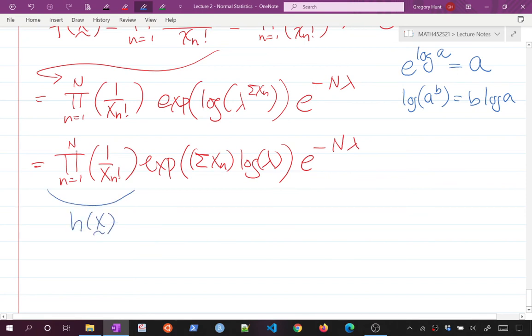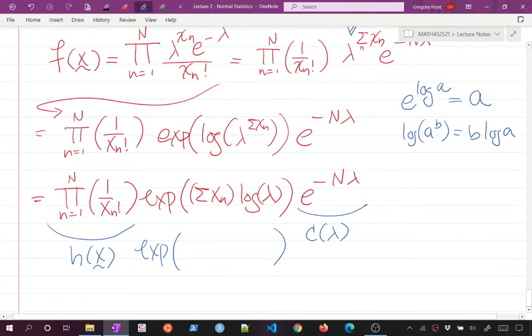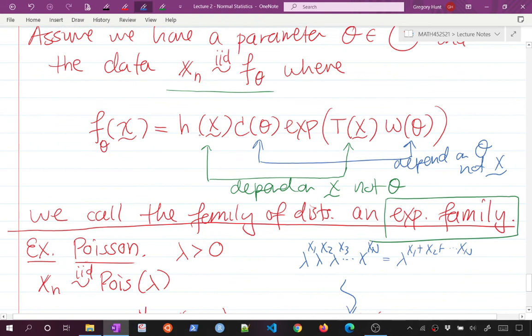That thing depends on x's in a complicated way, but it doesn't depend on lambda, which is my parameter in this case. This thing I could call c of lambda. This thing depends on the parameter, but there's no x's in here. And then I have the exponential. So I have my c, I have my h, what's left? Better be a t and better be a w.